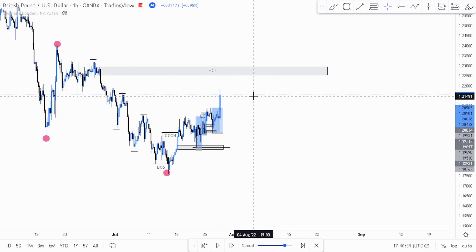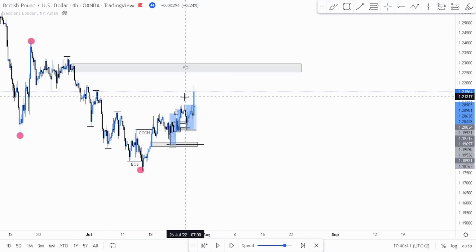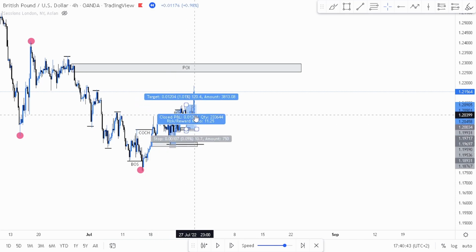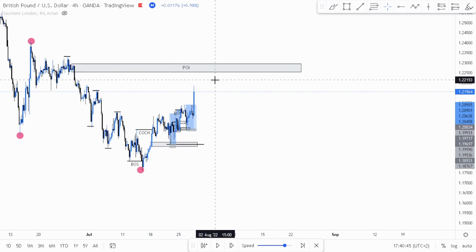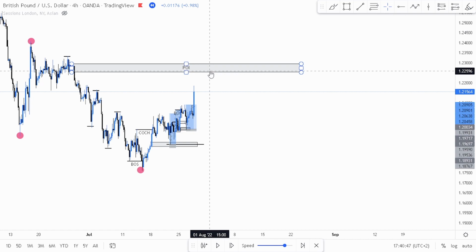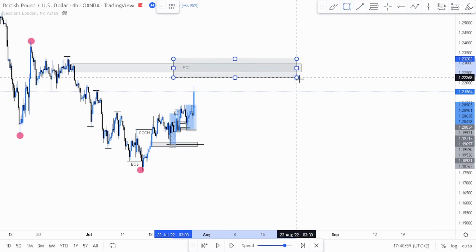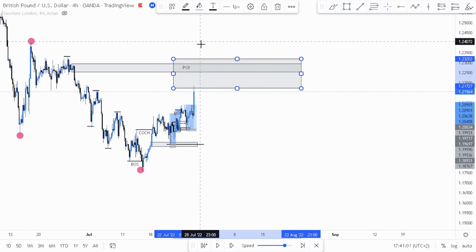This is our point of interest, and now as we keep on taking the bias towards our point of interest, we are aware that once we get to our POI, that is when we start to look at a shift in market trend, so that you don't get to these levels over here and you are still looking for buys.